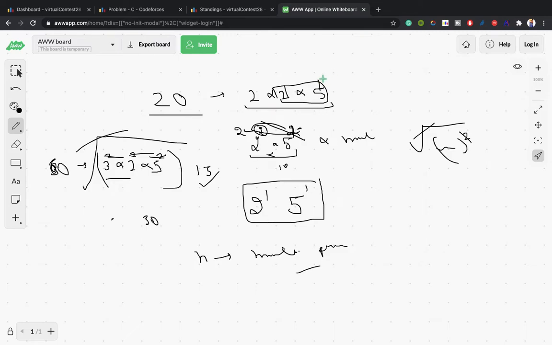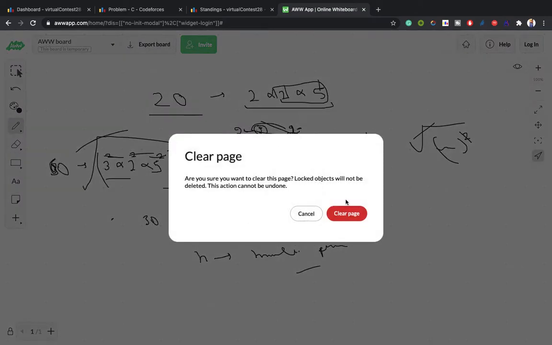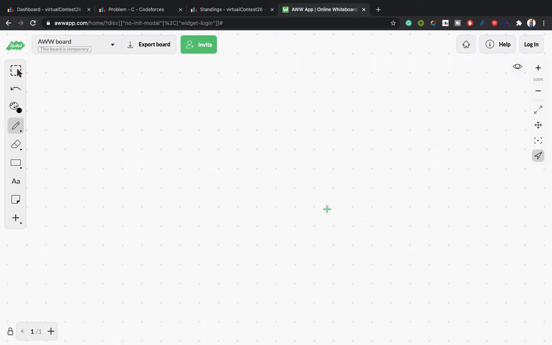For this, let me clear this. Let me take a simpler example. Here the power is also a power of 2. Let's again multiply it by 2. Like I take 40. Now we have 2 raised to power 3 into 5 raised to power 1.